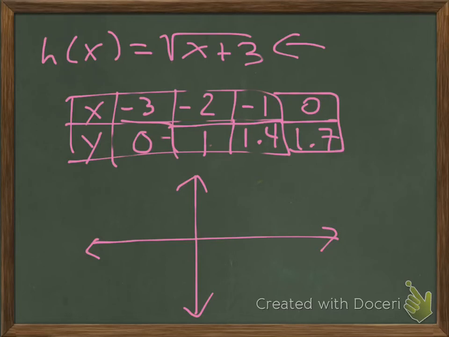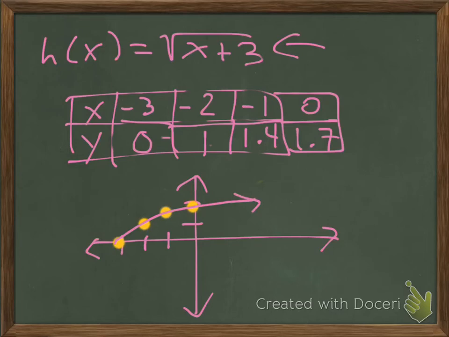So you can actually start your graph here, -3, 0, and then continue -2, 1, and then -1, 1.4, and then 0, 1.7. So it's going to look a little bit like this.